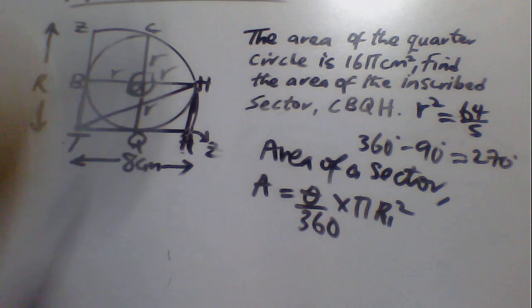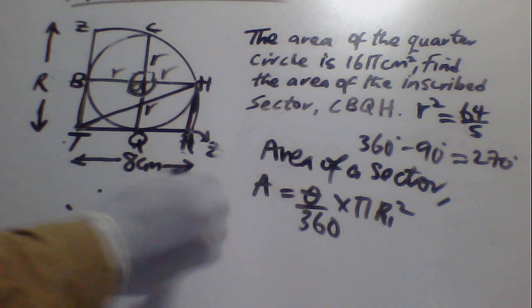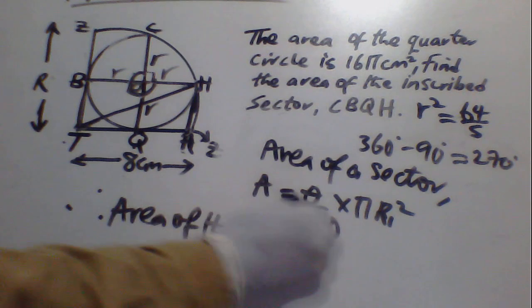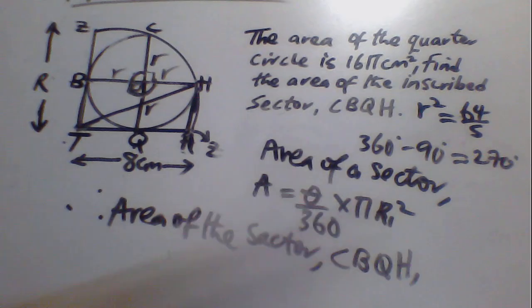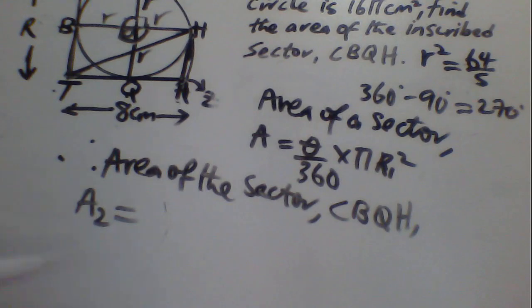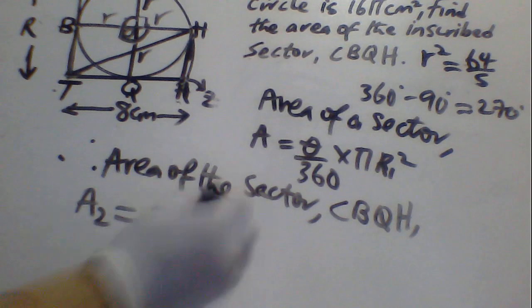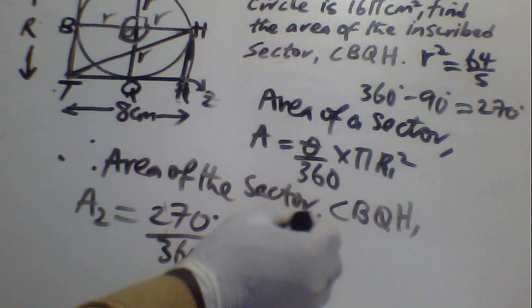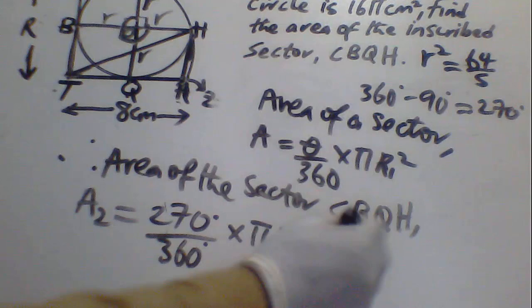So to find the area of this sector, in this case CBQH, I can call it A2, will be equal to what? Using the formula, substitute what you got. Theta here is 270 divided by 360 multiplying pi times r squared, in this case 64 over 5.